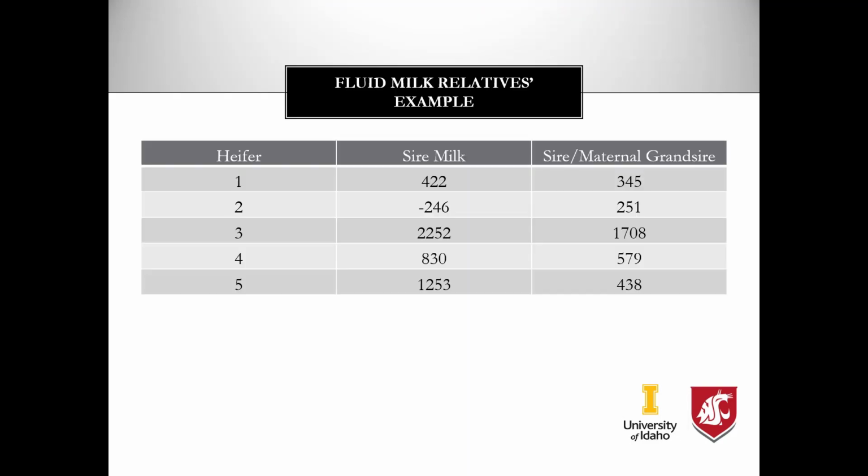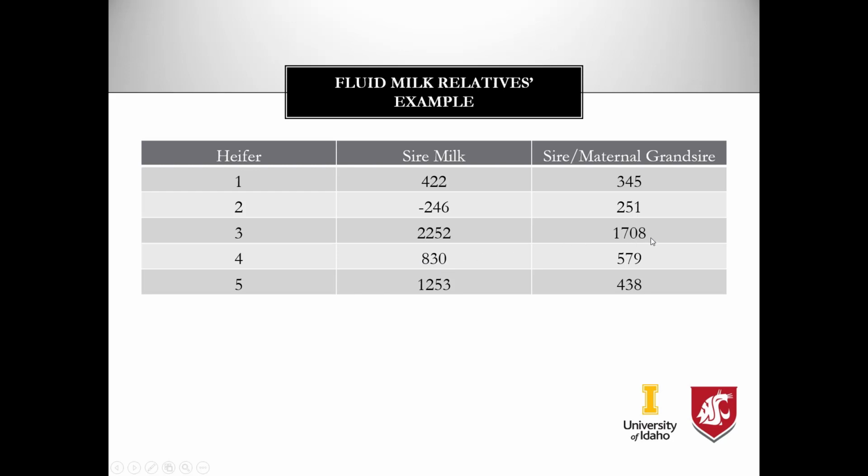The first one is the fluid milk's relatives. So we've gone through heifer 1 and 2. Now we'll look at heifer number 3, 4, and 5, and we see that heifer number 3, her sire milk is very high at 2252 and is the highest of the group. And heifer number 5 is at 1253, the second highest. Heifer number 4 is third.